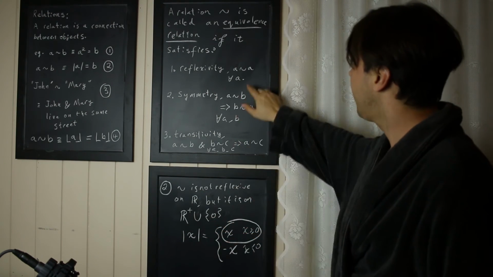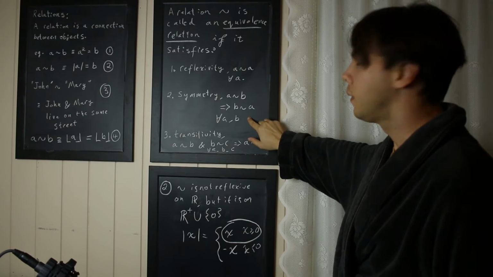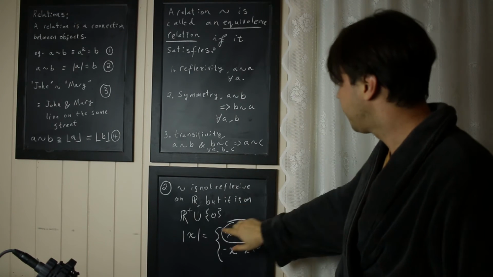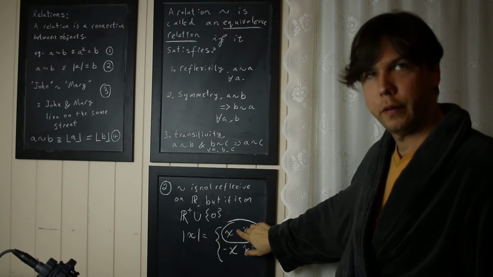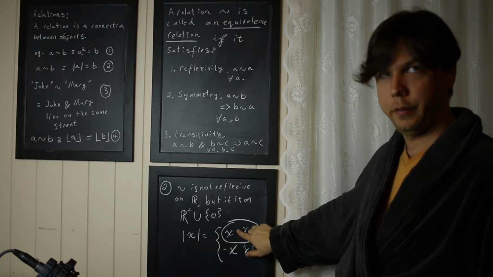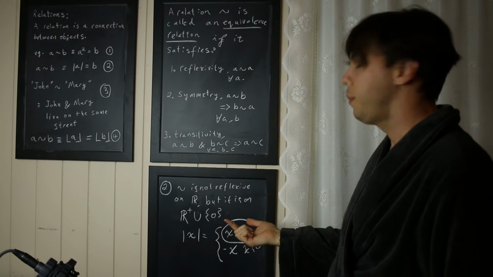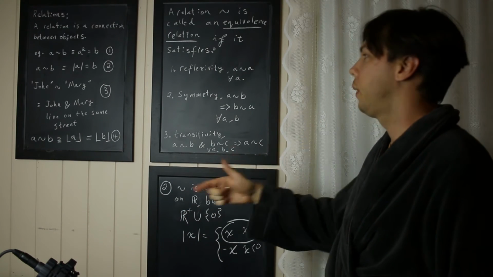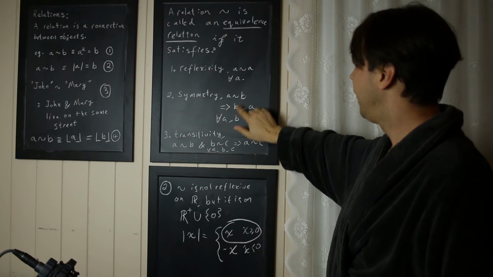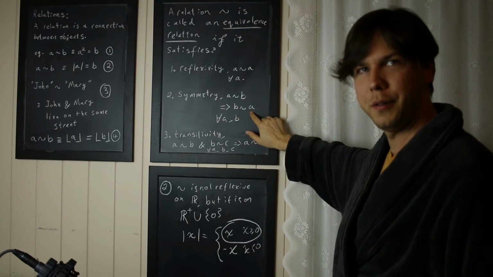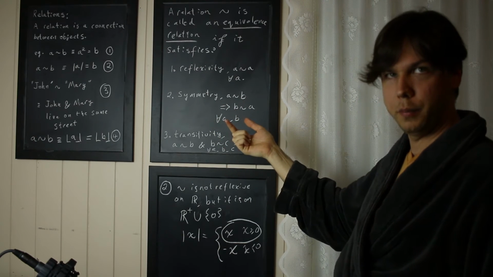Let's check again. Is it symmetric? Well, look, applying absolute value to positive numbers, we're not changing them at all. So we put in 2. 2 relates to 2, and therefore 2 relates to 2. So it's a bit of a silly example, but it's true.